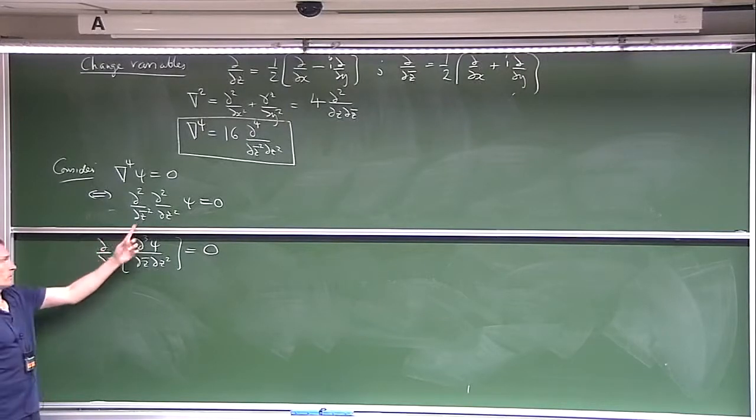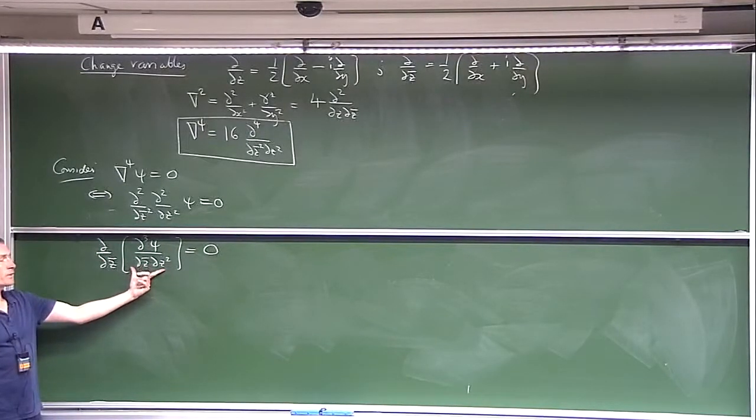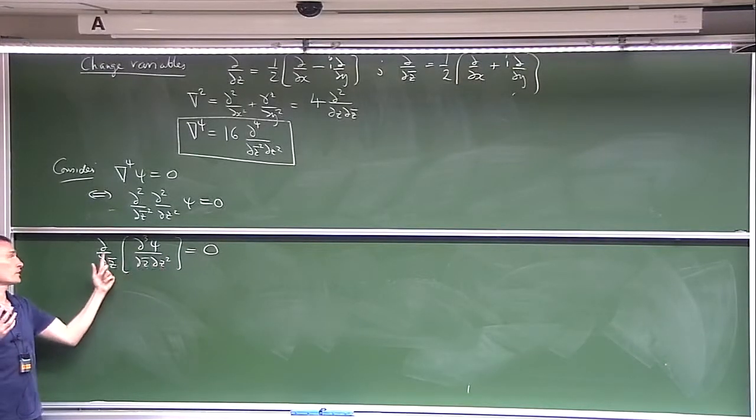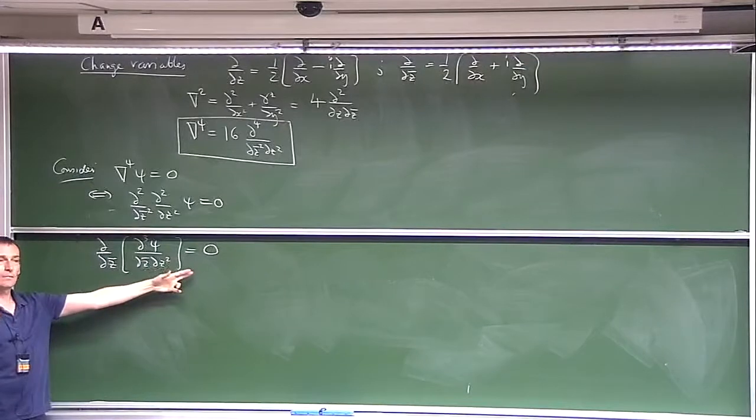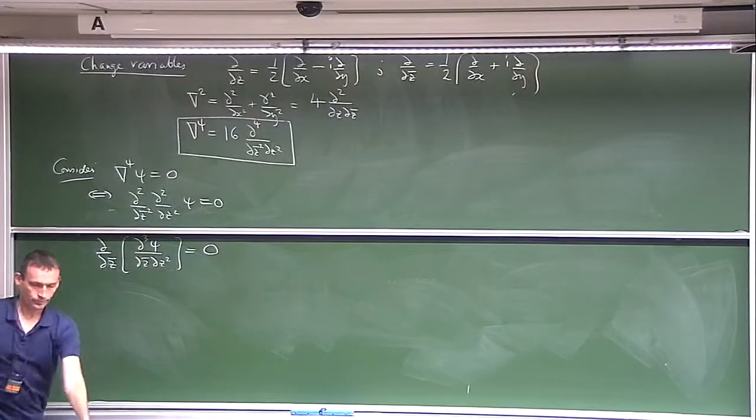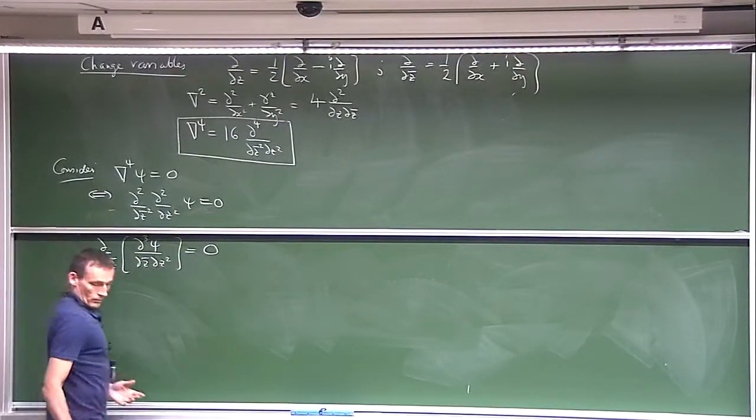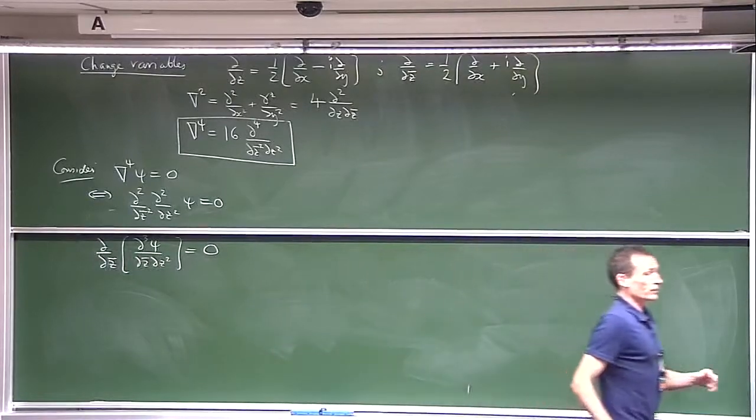I've just taken one of these out. You can see then that this function is an analytic function. Because remember, the definition of an analytic function is one that doesn't depend upon z bar. Just get my notes so I get the notation consistent.